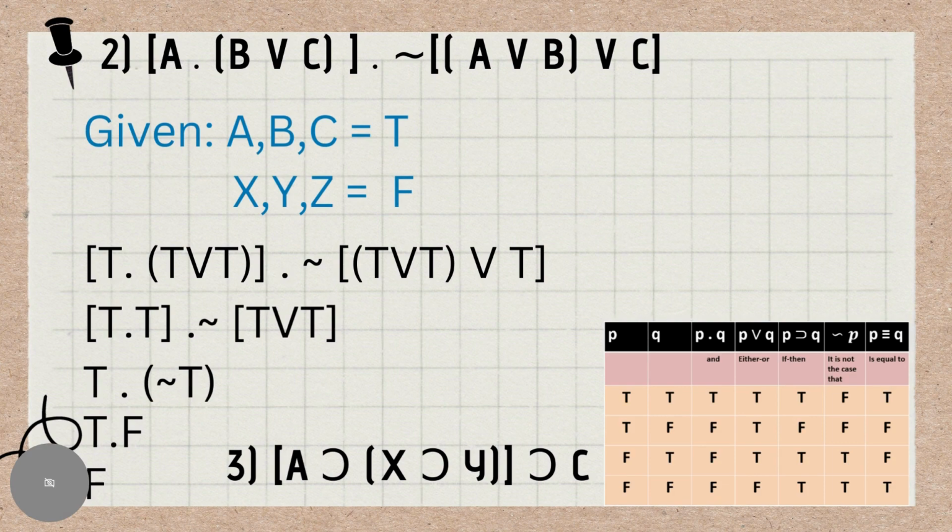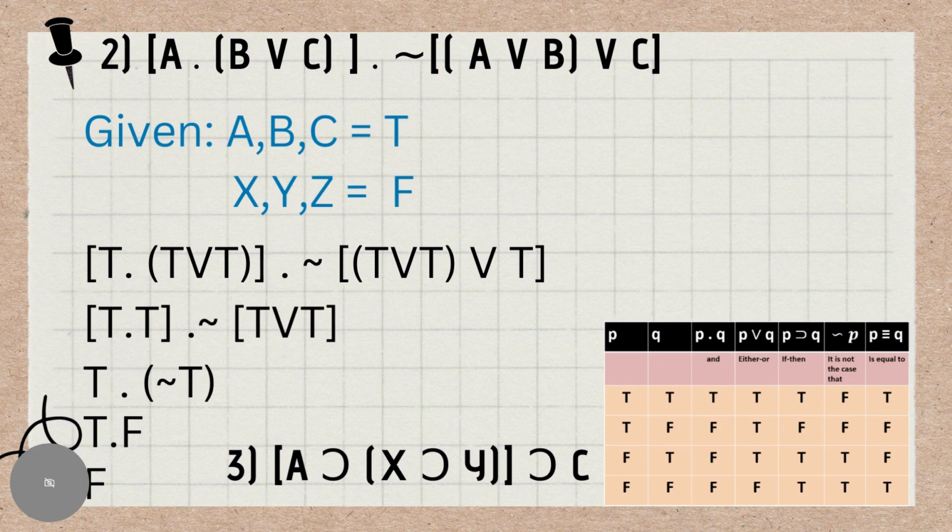Now, from the formula BODMAS, let's solve the one from the bracket. T disjunction T. If P value is T and Q value is also T, what is P disjunction Q? P disjunction Q is T. So we got T. The next in the bracket is T disjunction T, and if we solve it with the use of the truth table, we will be getting T. So we have completed the bracket.